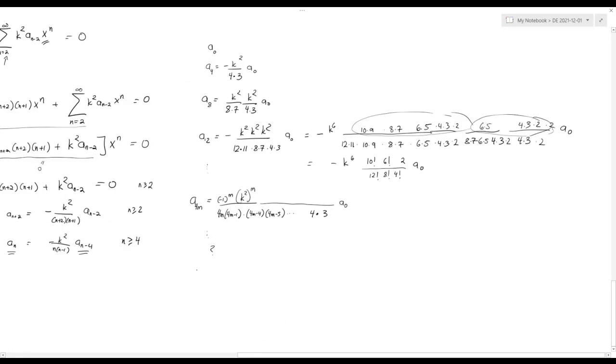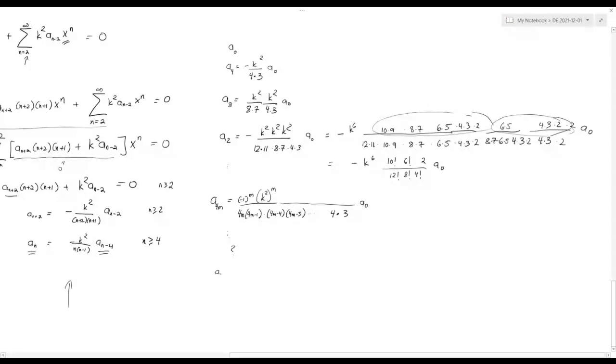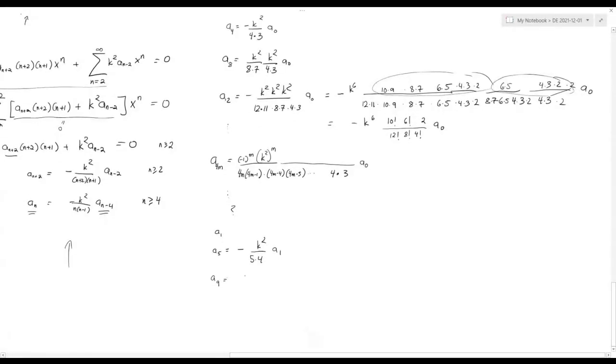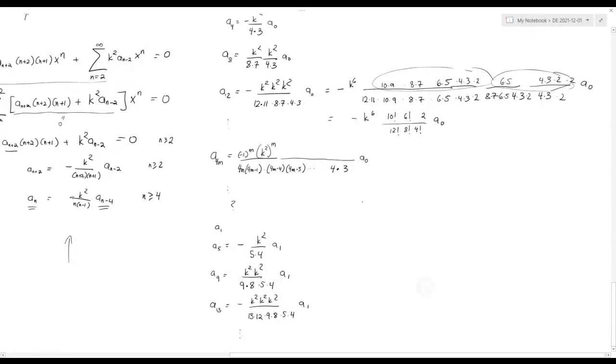All right, so let's then use our recurrence relation starting with a1, which is unknown. So a5, a9. So it looks like we're going to have multiples. The index here is always a multiple of 4 plus 1.